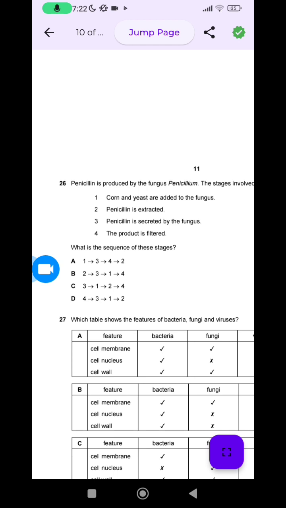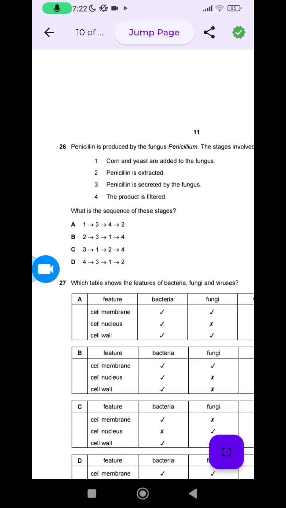The second step would be penicillin is secreted by the fungus. Then the third step will be that the product is filtered, and finally penicillin is extracted from that product and our process is complete. Now, A option fits best and correctly according to these sequences.